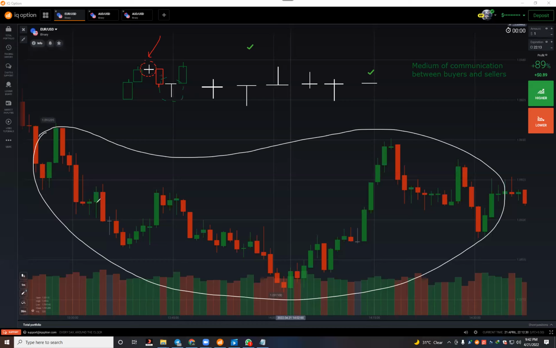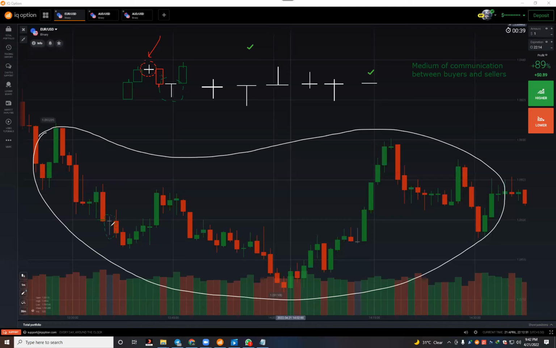Here, after a breakout, what will be the next candle? Mostly a retracement, right? Yes. So the buyers need to create a candle, but what they told us is, we don't have the power, we cannot create the candle.